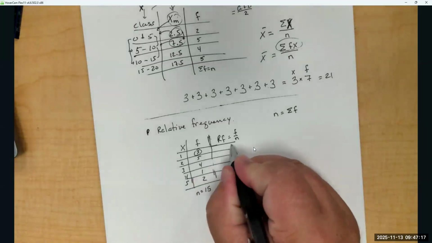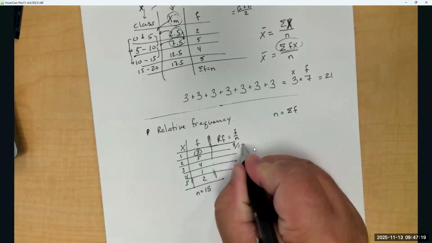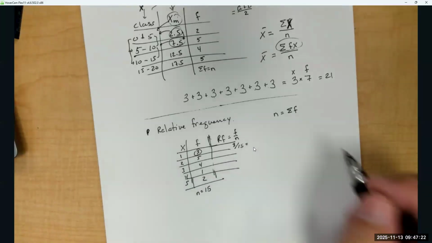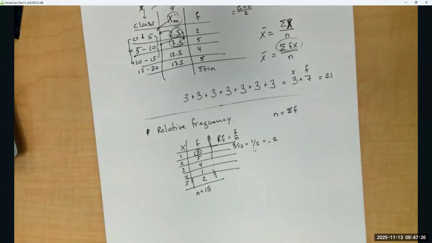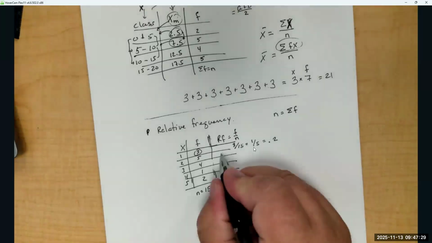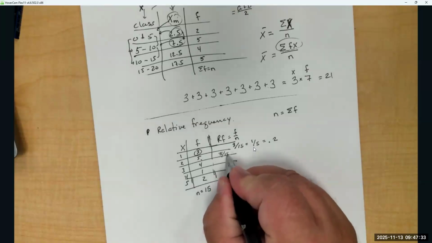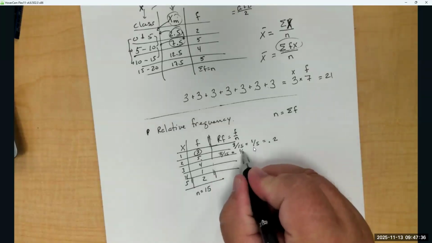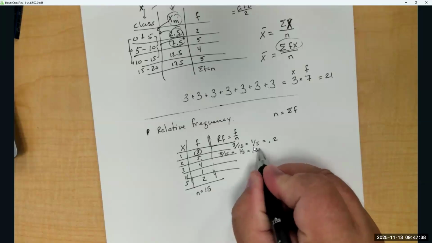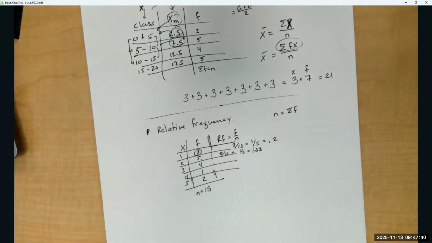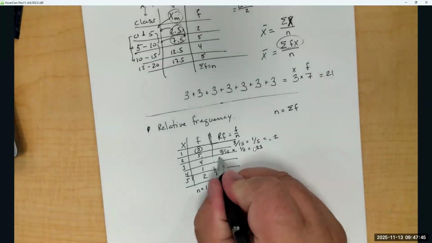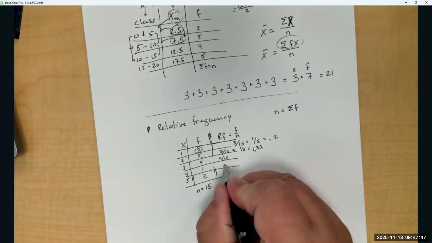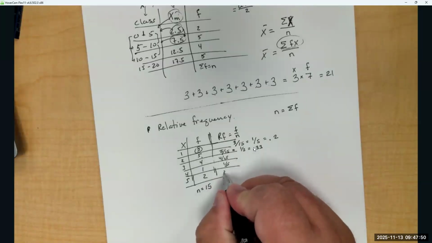So the first one is 3 divided by 15, which is the same thing as 1 over 5, which is 0.2. The next one, 5 over 15, which is 1 over 3, which is 0.33. Then we have 4 over 15, 1 over 15, 2 over 15.